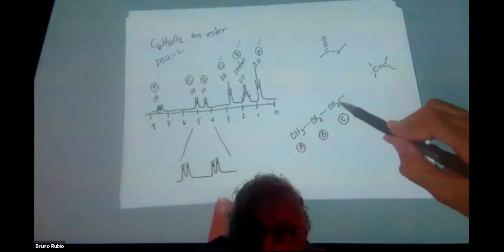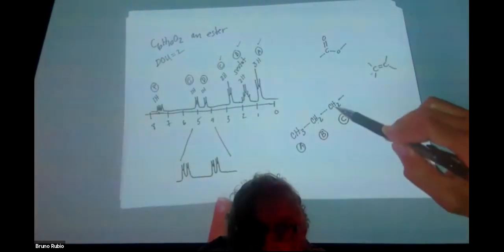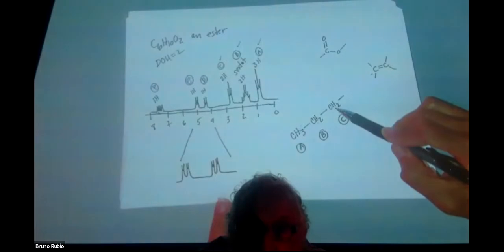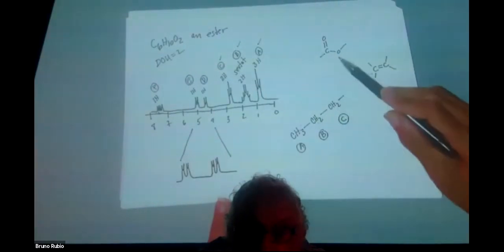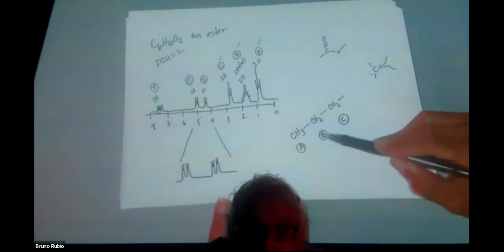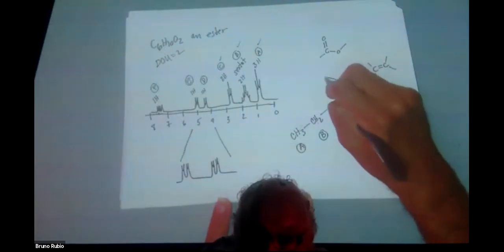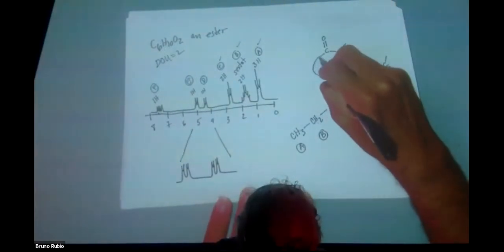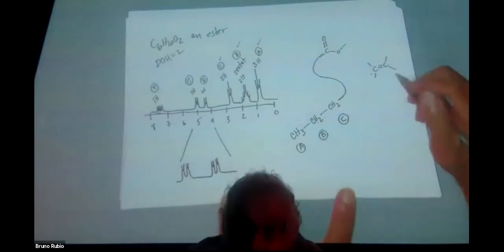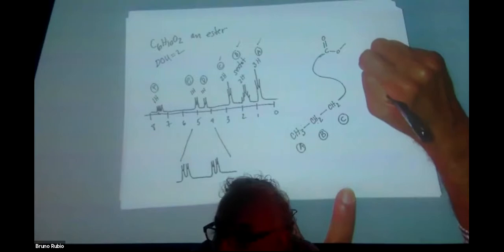So I'm not going to hook this CH2 up to this oxygen. The chemical shift of the C is just wrong for that. Being close to this oxygen lands the signal in the 3s, not in the 2s. So I'm going to hook him up there, right? And this guy, I'm going to hook here.